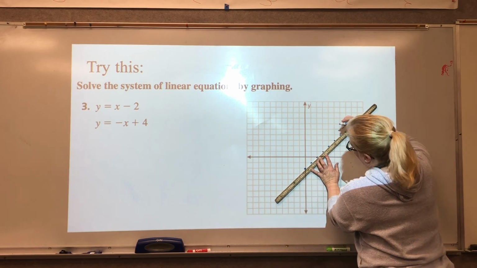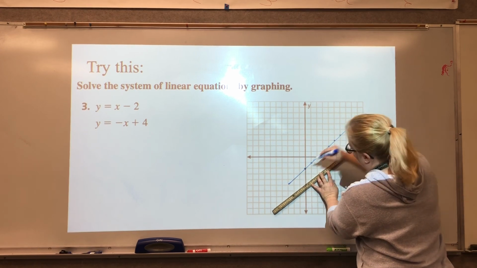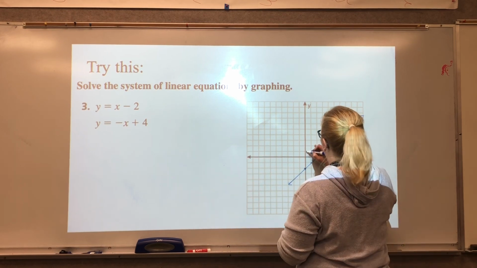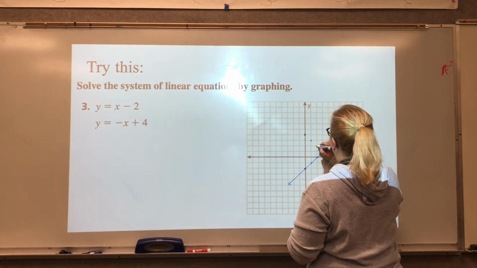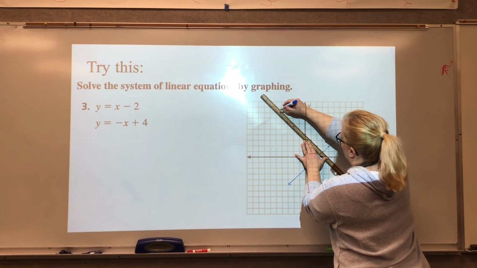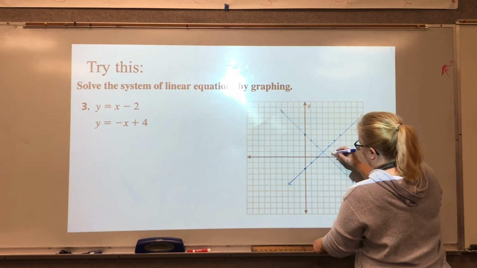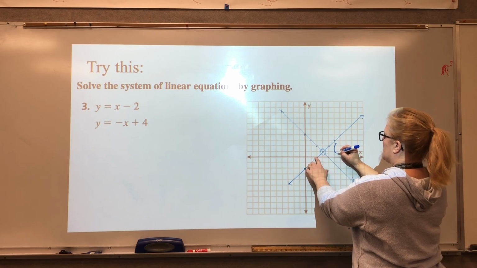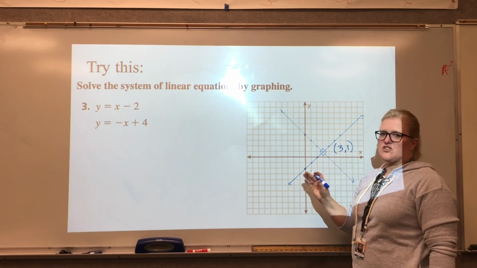So here is my graph. And the other one has a y-intercept of 4, 1, 2, 3, 4, and a slope of negative 1, so down 1 over 1. These two intersect right here, so my answer is (3, 1). So that is the answer to this system.